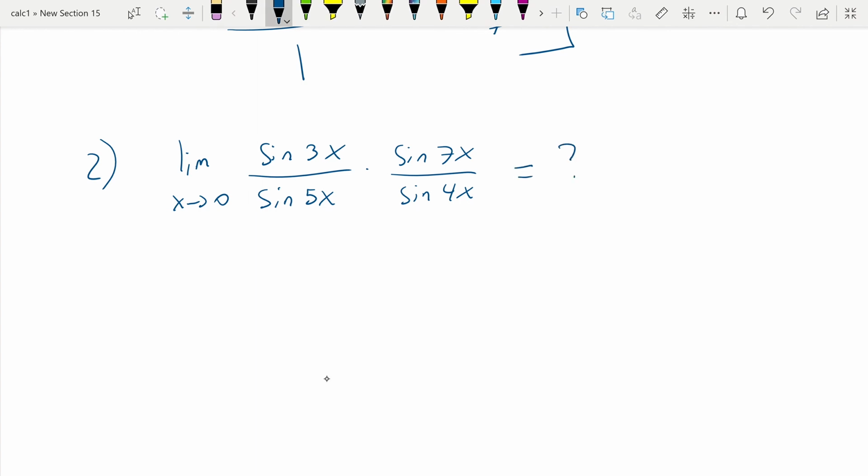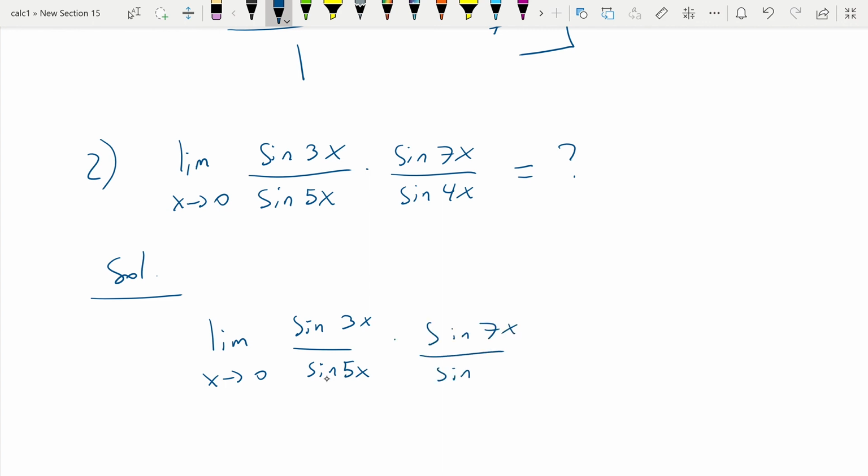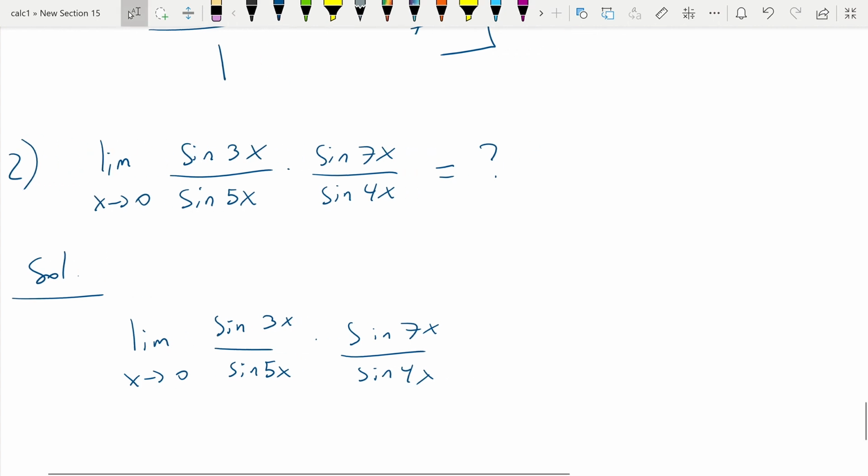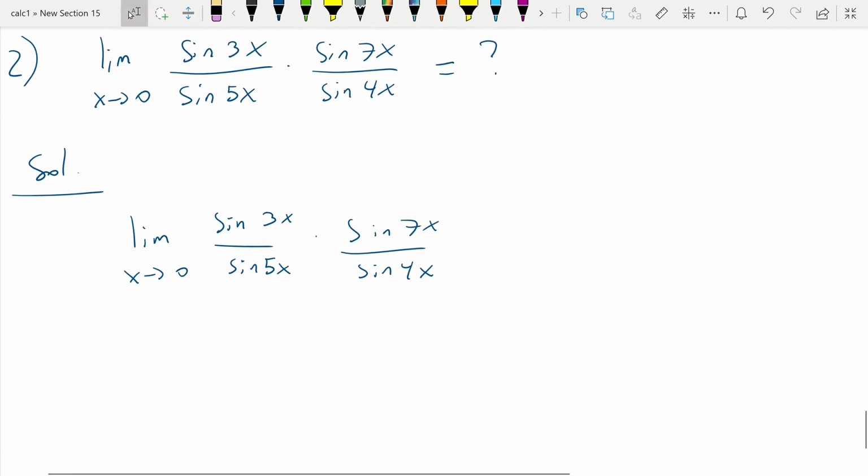So again, for the solution, what we do is we write this limit, the limit that we want, as a product and quotients of the limit of sine of something small over that something small over the same something.